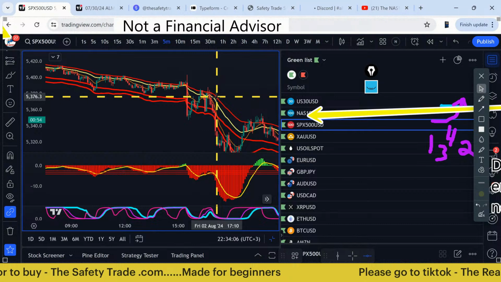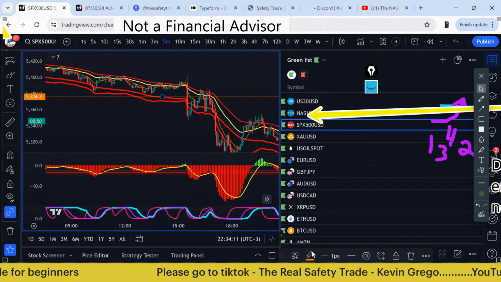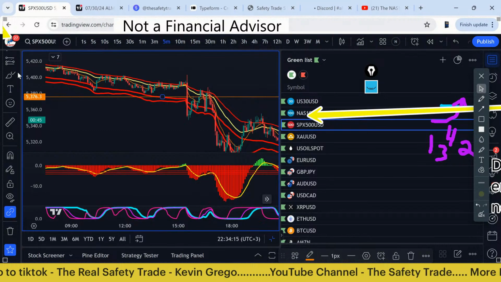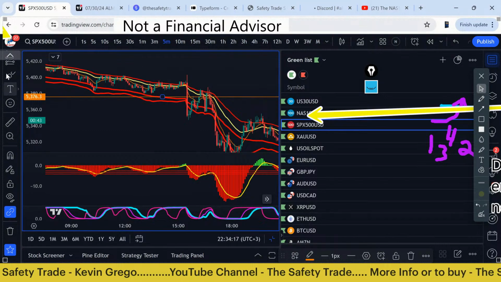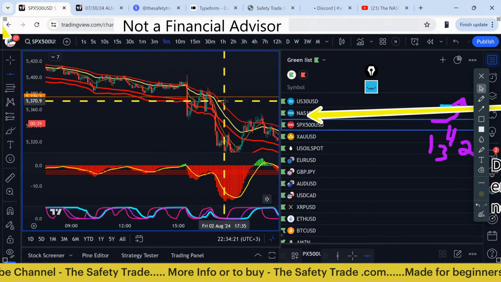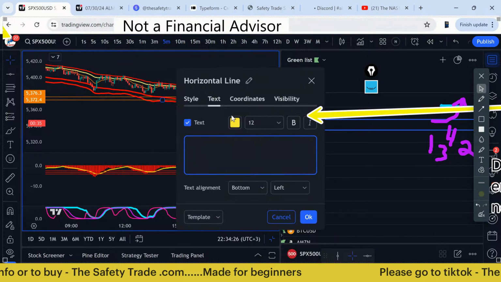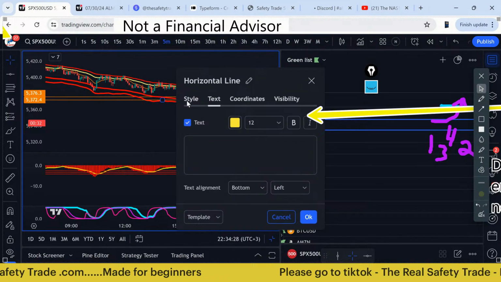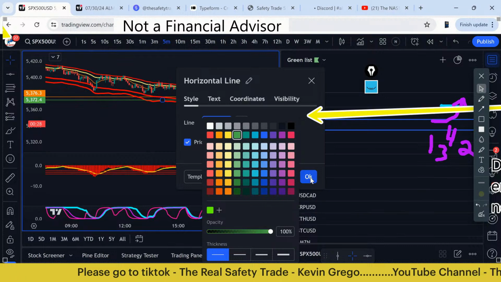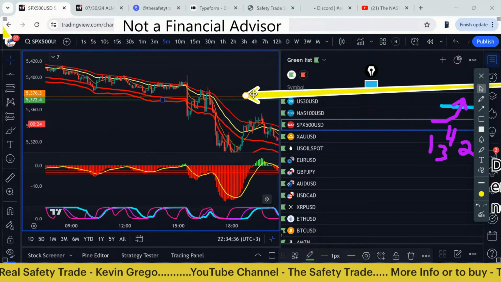So if my entry was here, okay, then I would put my stop loss right here, which would be into take profit. So this one right here would be technically my entries on the orange line.